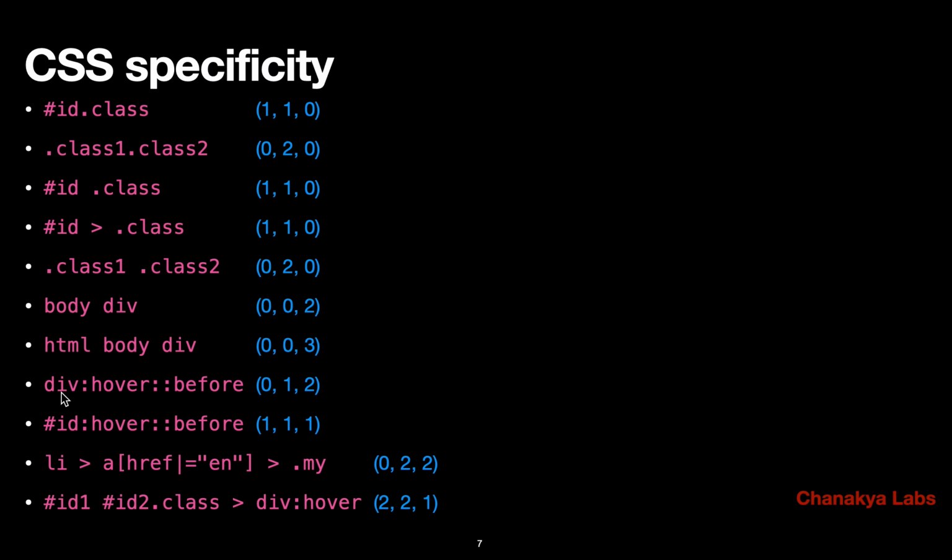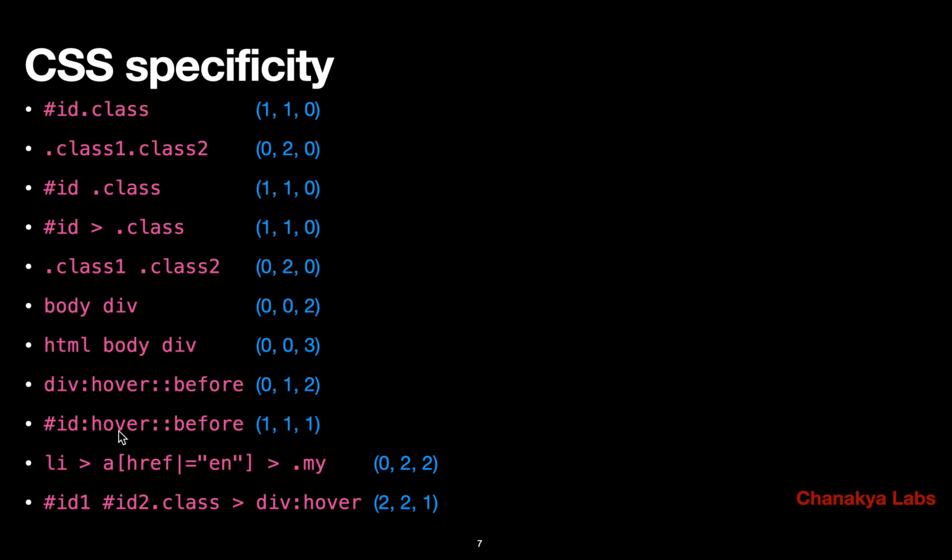For example, here I know that we discussed that all the elements are having 001, and whether they are class selectors or pseudo class selectors, both are having 010, right? So what is happening here is that div and colon before, both are like element and pseudo element. That's why it is 002 for both of them, and this 010 is for this hover part, right? Because this is the pseudo class.